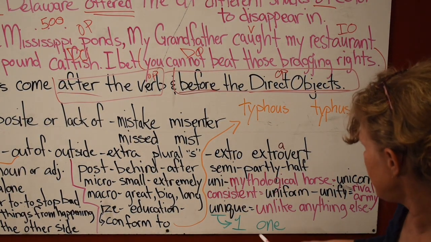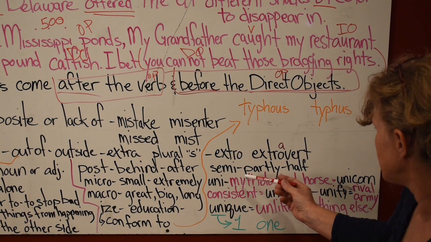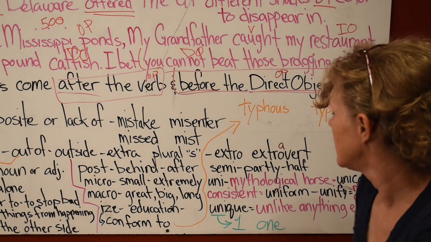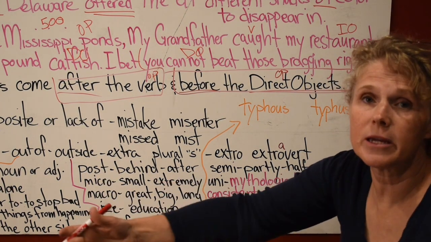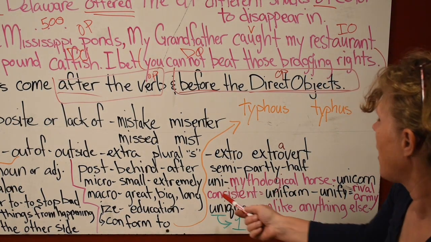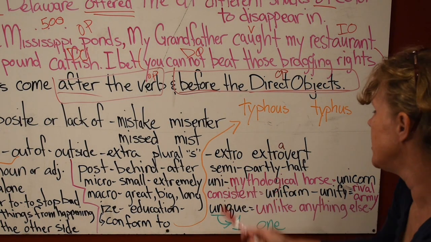Now we have semi, which means partly or half, like if you think of a semi truck. So you think about it's partly, it could be broken apart and just drive all by itself. Now I love this one, and I think it's actually really fun. Uni.